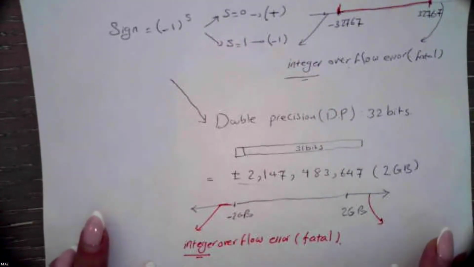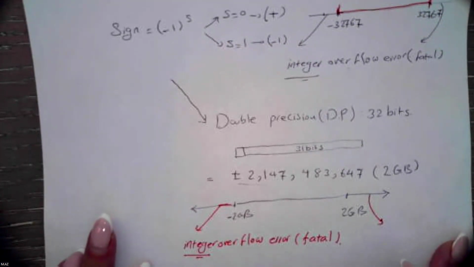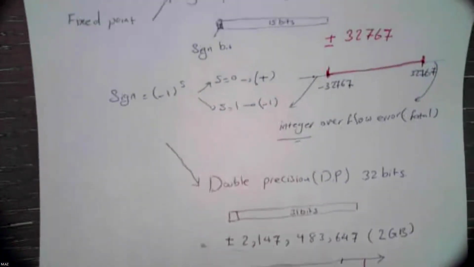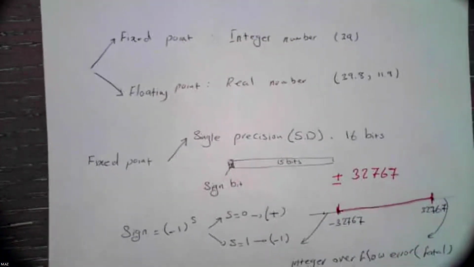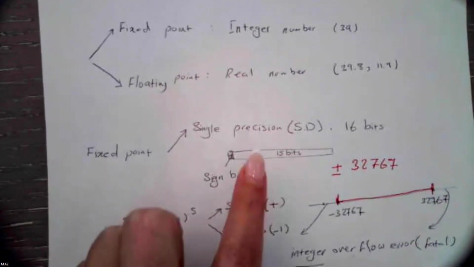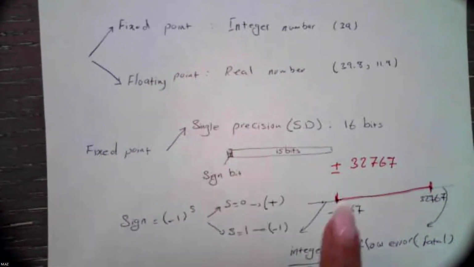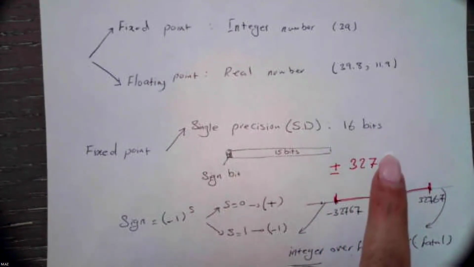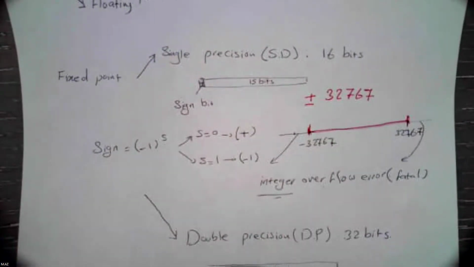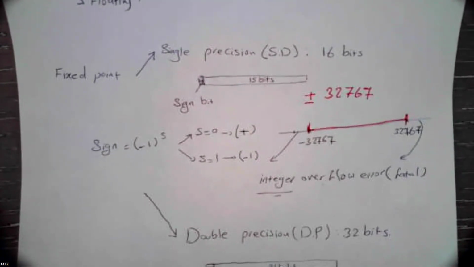This is the summary of the first type of numbers, the integer number. For the fixed point or integer number, we have single precision, where the computer uses 16 bits, and this is the largest number that we can store in single precision.